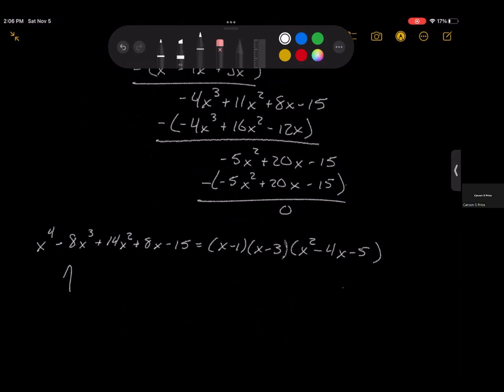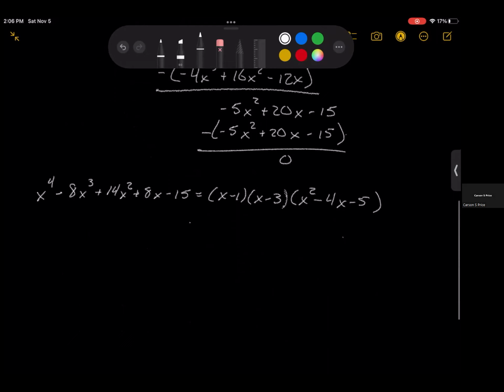All right, so this is a fourth degree polynomial. I might get 4 zeros. There's one right there. There's another one right there. Let's see if I get 2 from here. In fact, I believe I do. I can factor that quadratic right there.